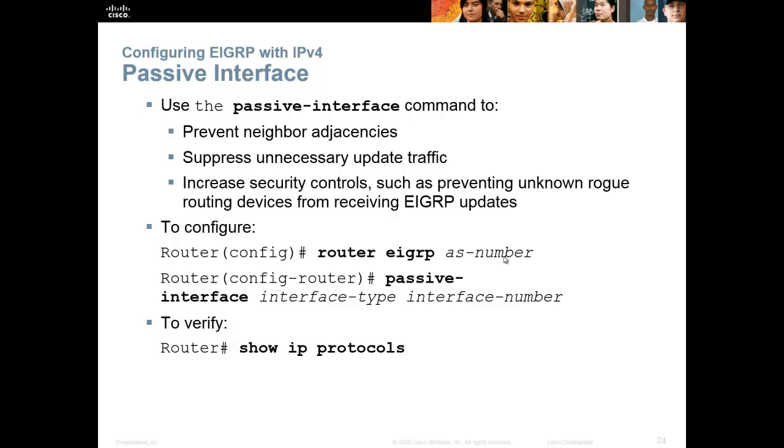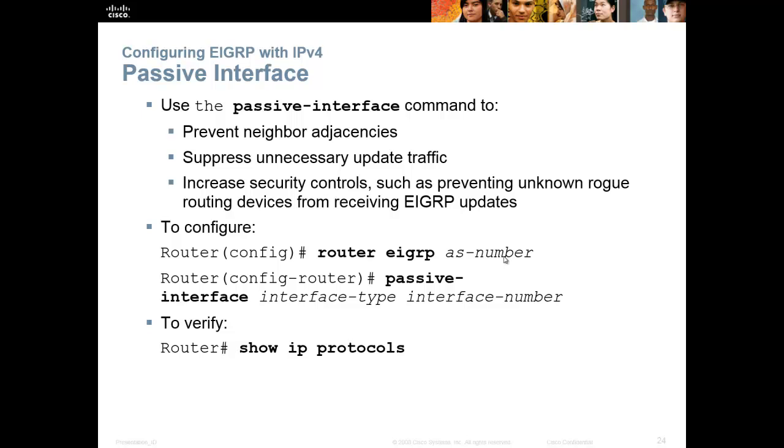So again, I go router EIGRP 1, enter, and then passive-interface FA0/0. Now, a lot of times in your book, they recommend you do router EIGRP 1, and then passive-interface default, which makes all the interfaces passive, and then you go and turn on the ones you want to use. So no passive-interface 0/0, no passive-interface 0/1, that kind of stuff.